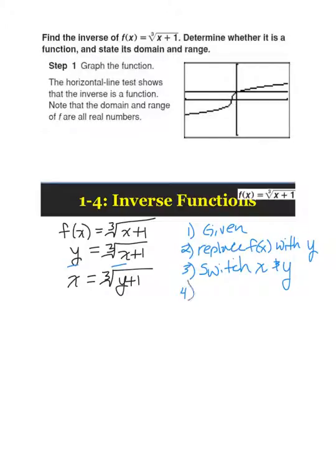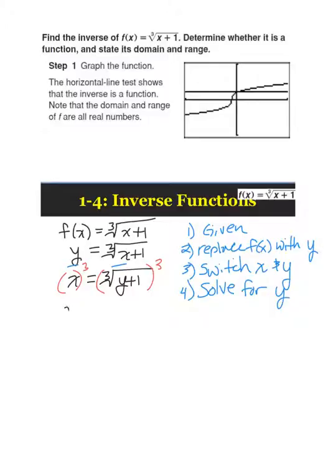Finally, solve for y. So we have to have an equation that says y equals. In this particular case, to solve for y, our y is imprisoned inside a cube root. So in order to get it out of that cube root, I'm going to have to cube this side because that will make the cube root go away. And what I do to one side, I'm going to have to do to the other side.